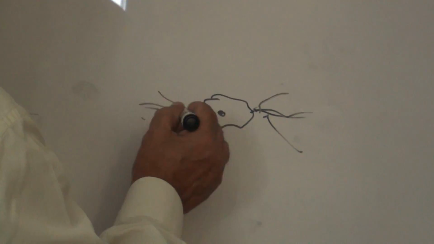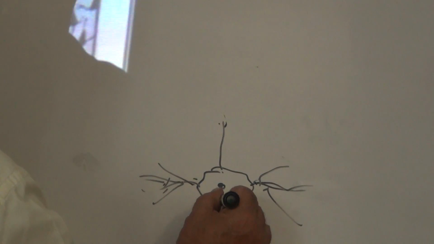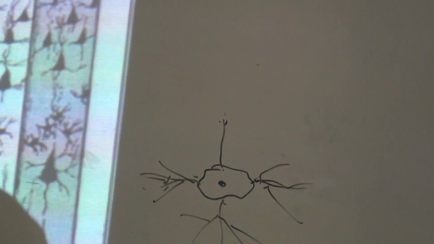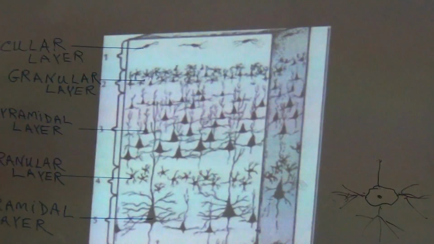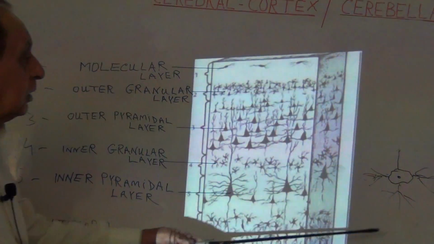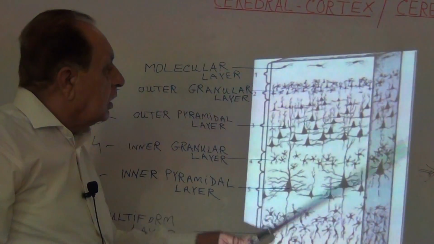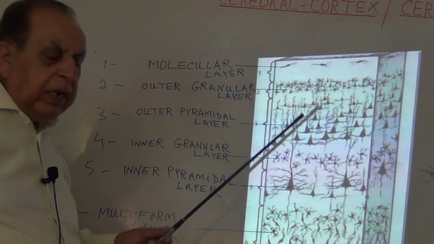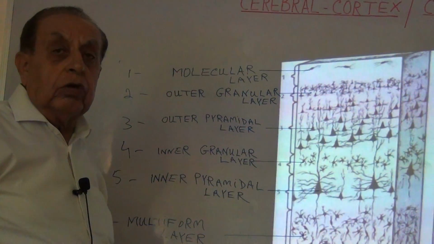The axon moves upwards, while the dendrites are present laterally, and also in the lower portion moving toward the lower part. These are called the granular cells, and this layer contains granular cells, but some small pyramidal shaped cells are also present in this granular layer.